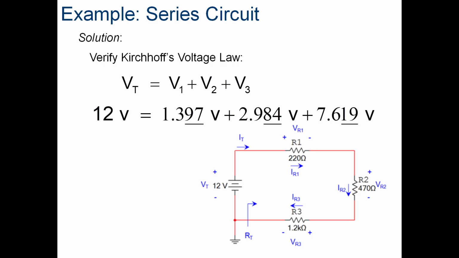In this instance, the digits work out, so it equals it. So Kirchhoff's voltage law, again, just says that the source voltage, 12 volts, is distributed proportionally to the resistance. All of the voltage drops through a series circuit, Kirchhoff's voltage law says, have to add up to be the source voltage. And it did.